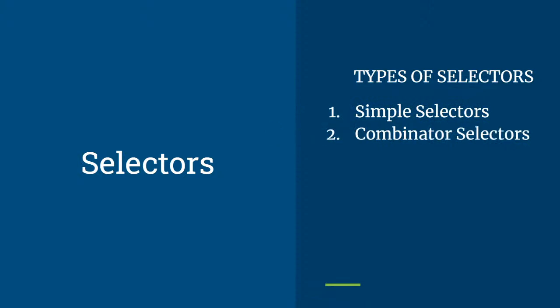Okay, is this visible? Yeah. So combinator selectors are selectors that give a relation between the selectors, or you can say simple selectors or any type of selectors, which gives a relation.